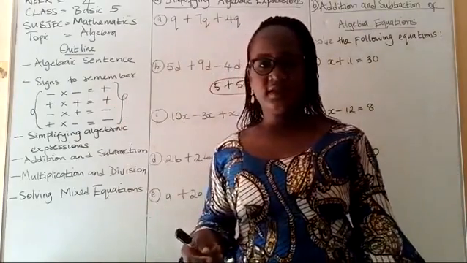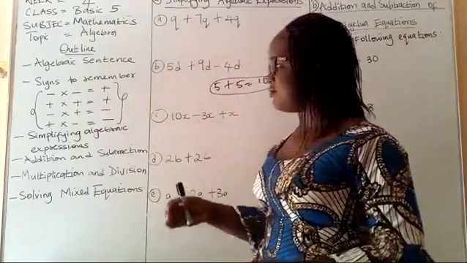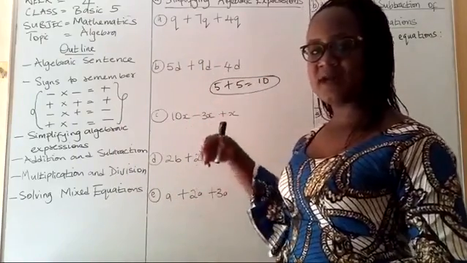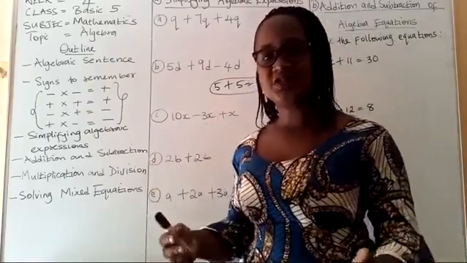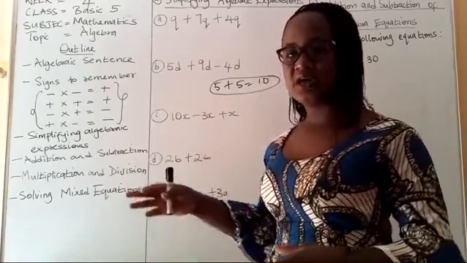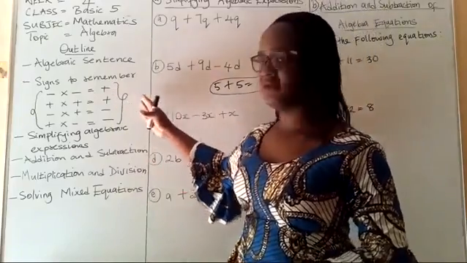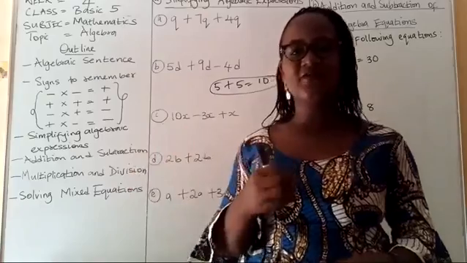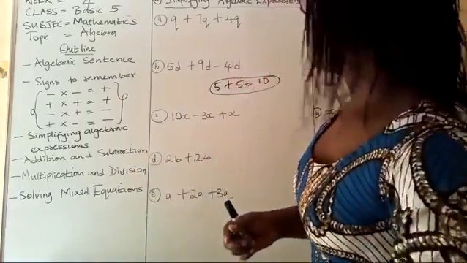Positive. Can you get it? We are going to solve problems ranging from simple algebraic expressions, addition, subtraction, multiplication, division, and many more. Having this at the back of your mind, you'll be able to solve them. That's why I said signs to remember. These are signs that you have to have in mind as you're solving your algebra.